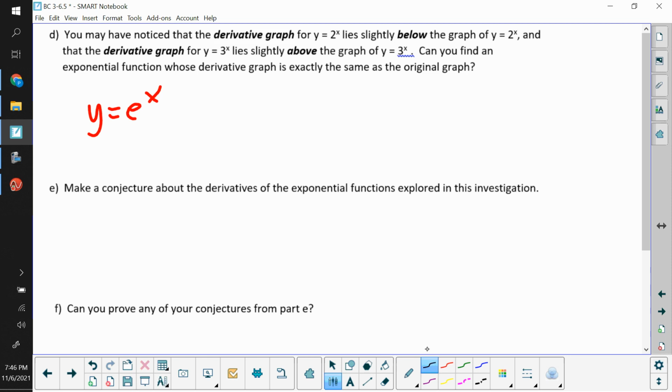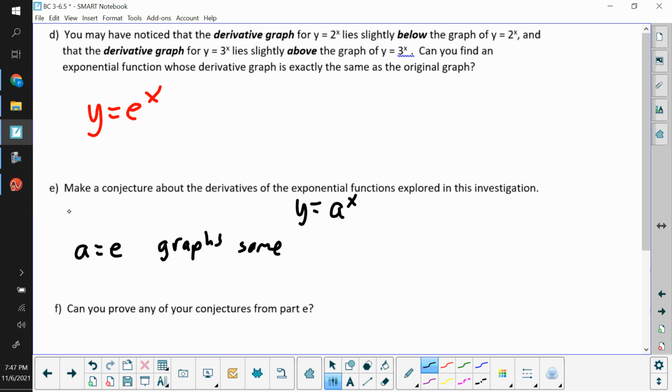Well, if e is going to be exactly on, so some conjectures we could make, and we'll test them out. If we're in the form y equals a to the x, we're saying above that if a is equal to e, the graphs are the same.